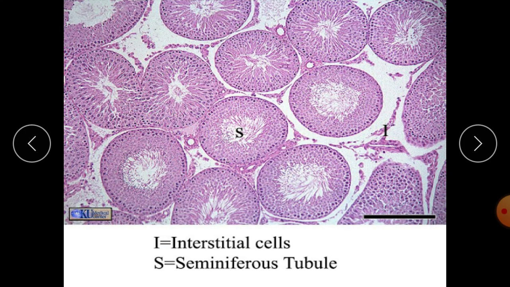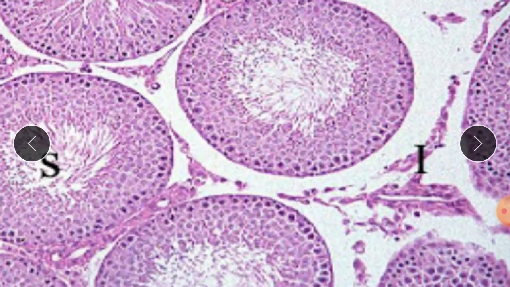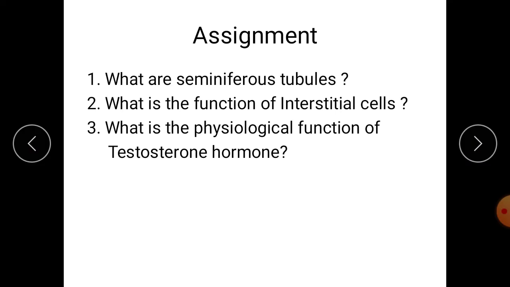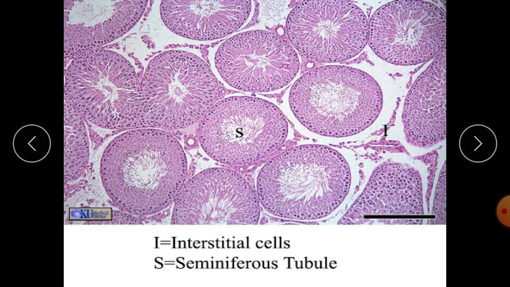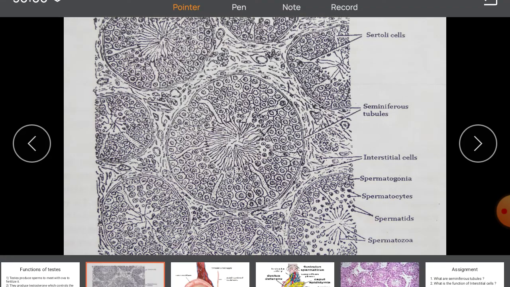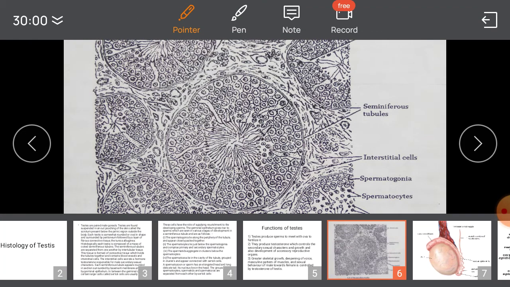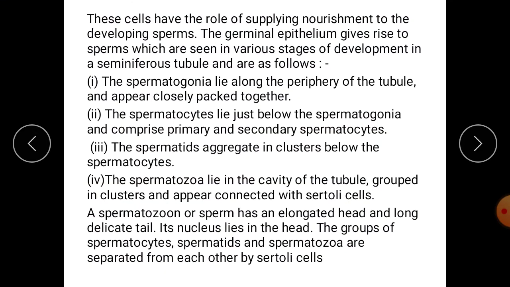In between the spermatogonia, some longitudinal, pyramid-shaped cells are present, and they are called Sertoli cells. These cells have the role of supplying nourishment to the developing sperms.